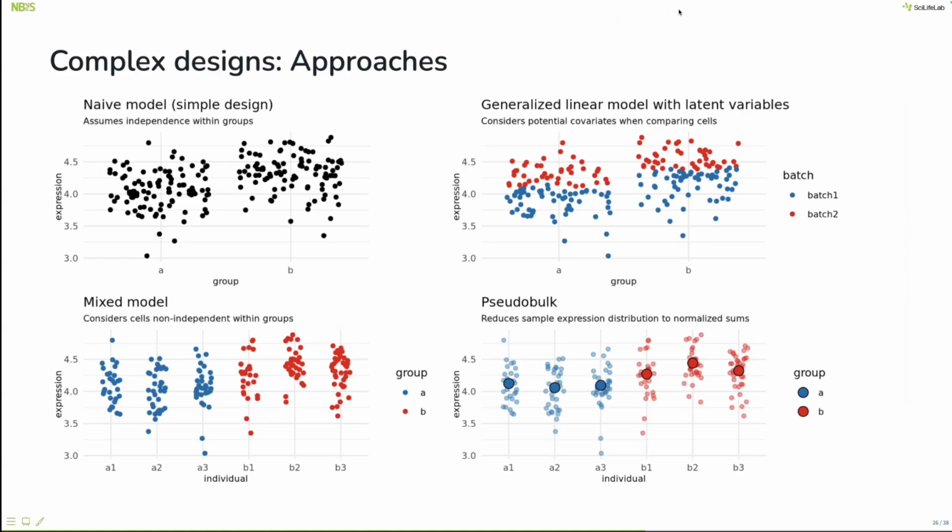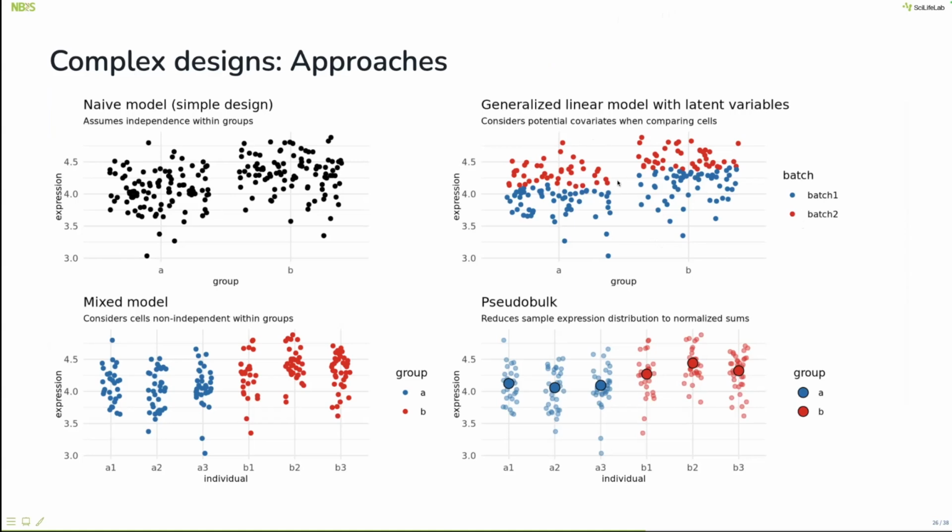If you have some type of batch effect or sample effect, where you have groups in which both batches, for example, are represented, then you can use a generalized linear model, GLM, with latent variables. That will add this covariate to the design, and then it'll adjust for that fact.